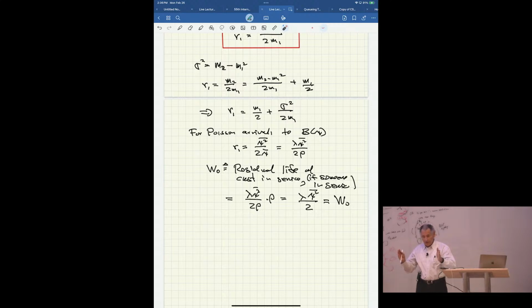Half the time it's 0, half the time it's 2. So a bunch of zeros and a bunch of 2s. I come in at a random point on this axis. Where am I going to come in? On a 2-second interval. I can't come in on a 0-second interval.